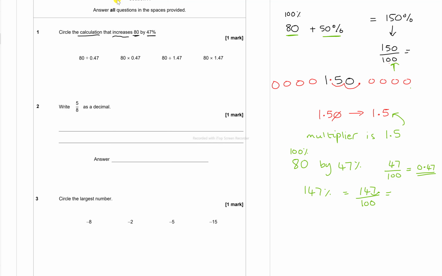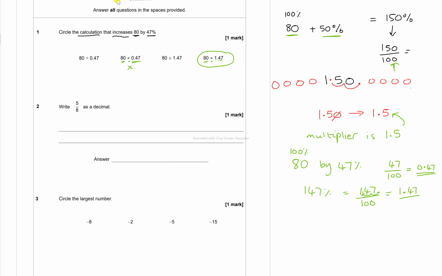I move it back 1, 2. So it becomes 1.47. So my multiplier is 80 times 0.47. Nope. 80 times 1.47. That's the one.